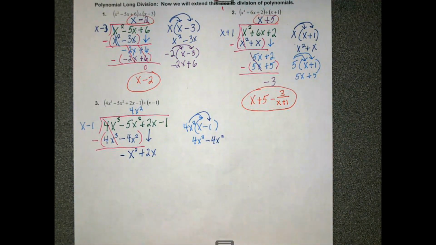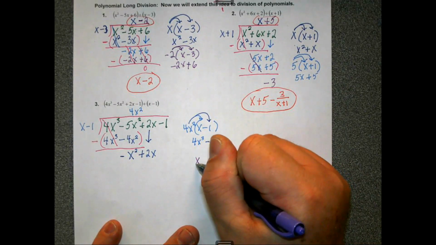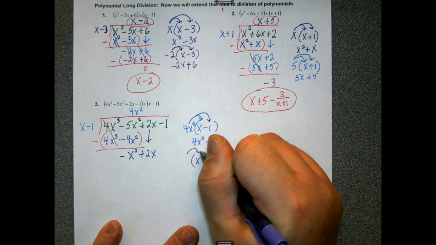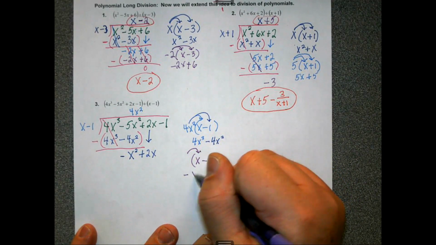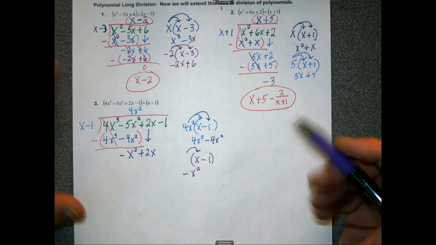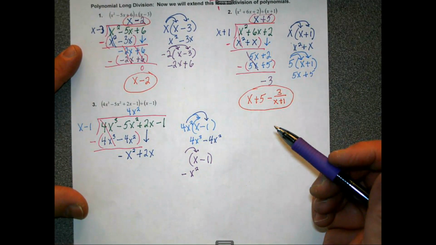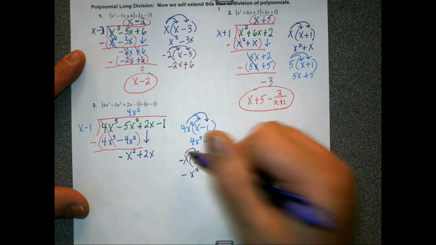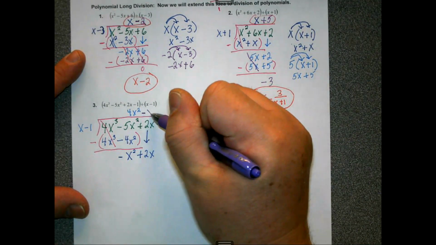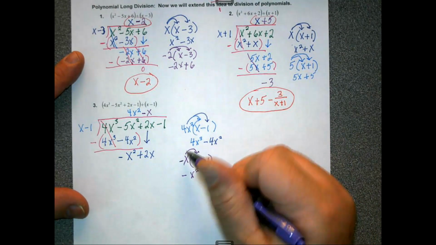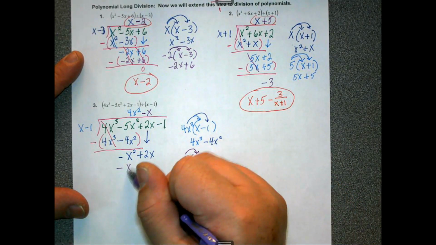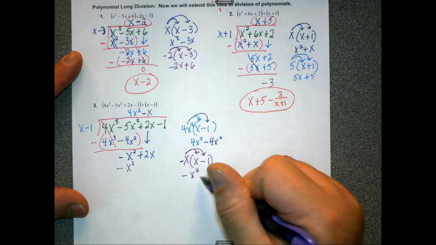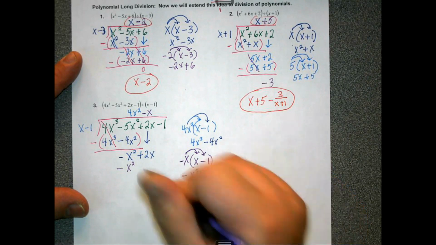Okay. So I'm going to be multiplying my divisor, x minus 1, by something to get a negative x squared. So what am I going to multiply by? Negative 1x, right? So I get my negative x squared. Negative x times a negative 1, positive x.